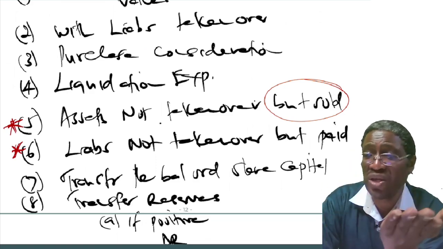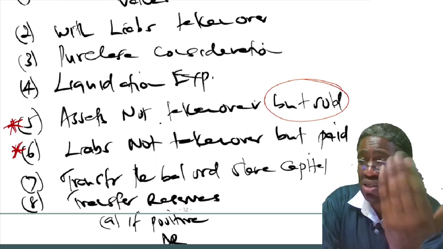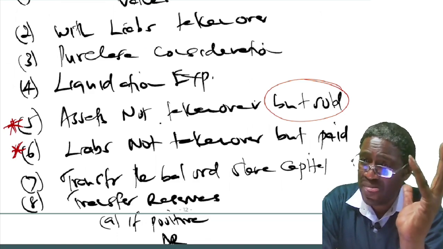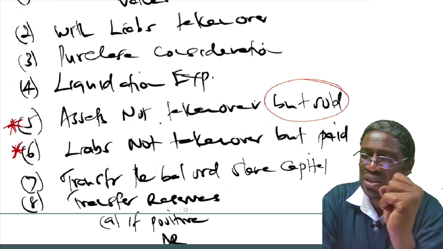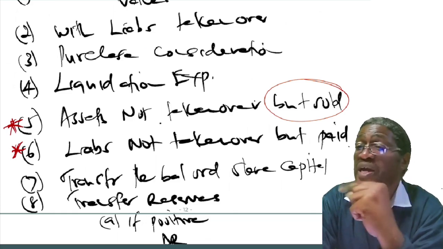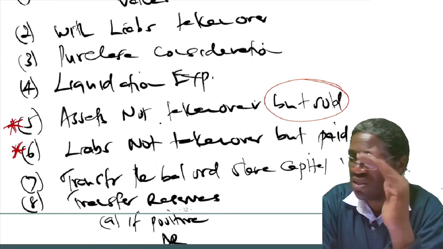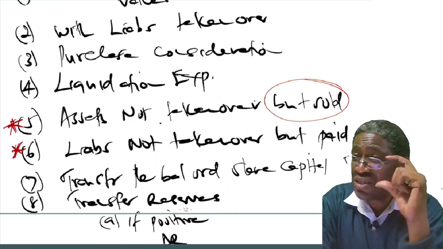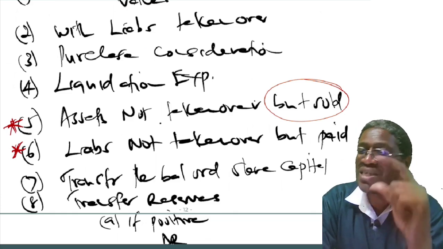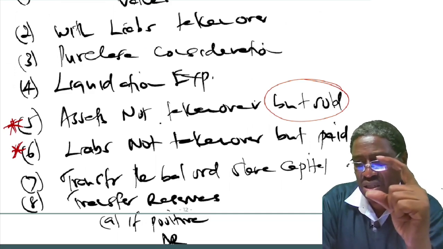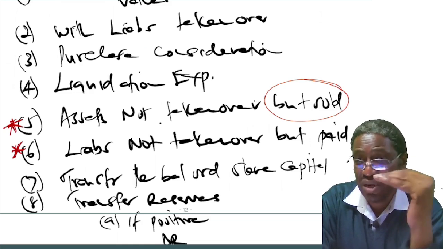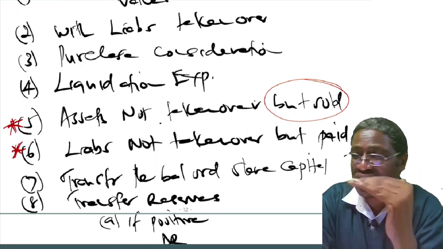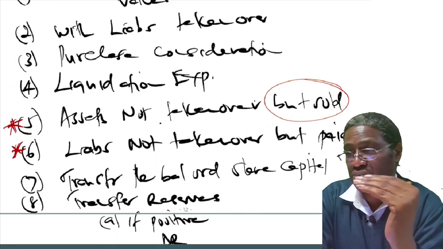When you compare with the original assets in the balance sheet, you find all of them were taken over. In most questions, you will not find liabilities being paid by the selling company. I've just discussed those 2 entries in case you find them in a question, but they are rare. Number 5, with any assets not taken over but sold.